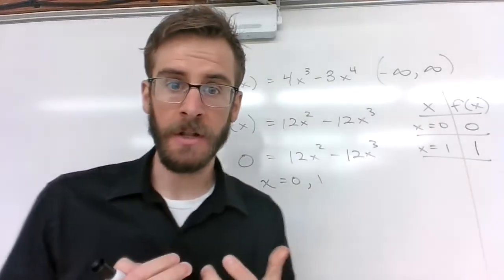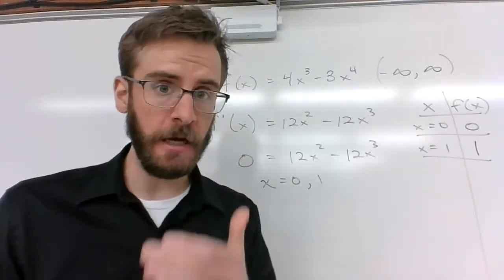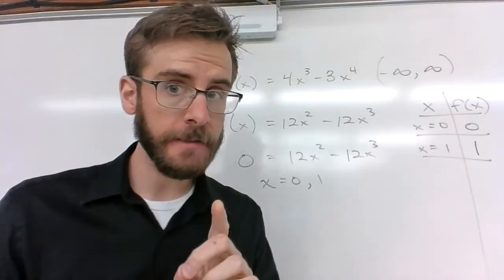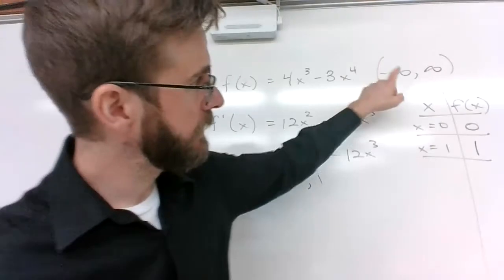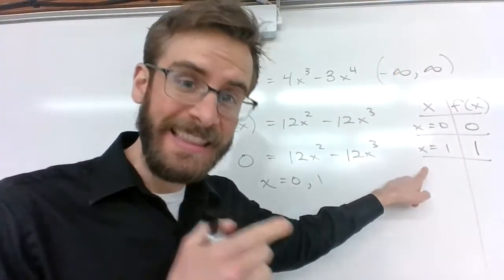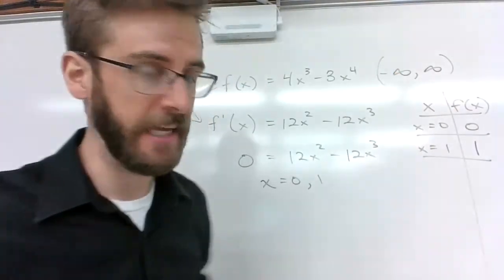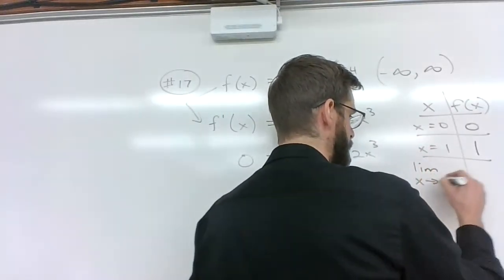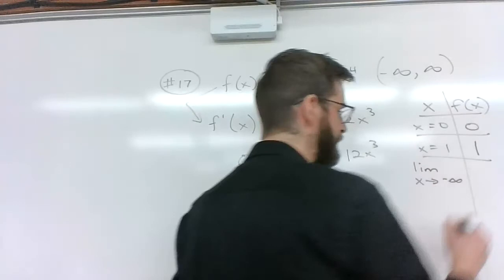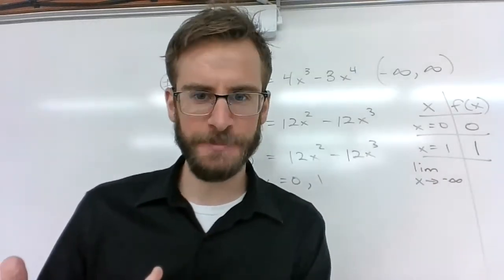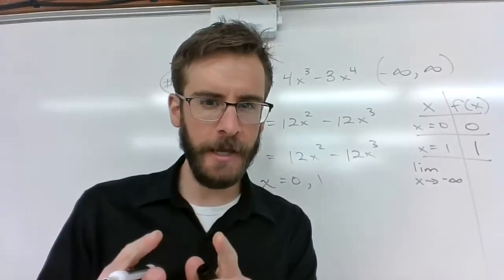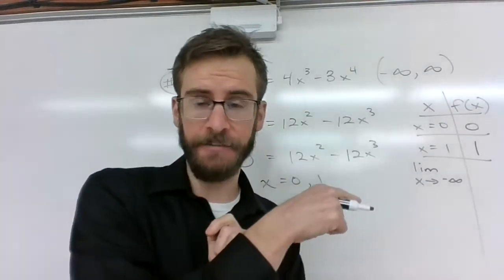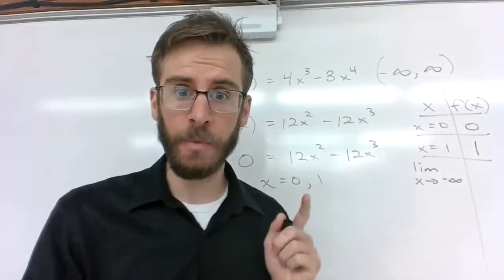Now here's the deal. I can't actually plug in negative infinity, but I can compute the limit as x approaches negative infinity. I'm doing the next best thing. I can't plug x in, but if x were to approach negative infinity, then I can calculate it up here.